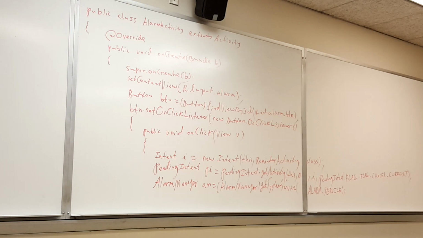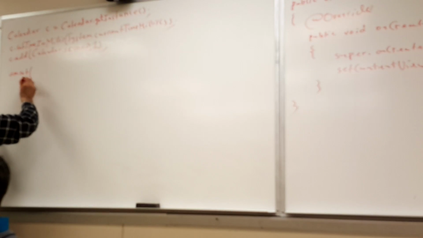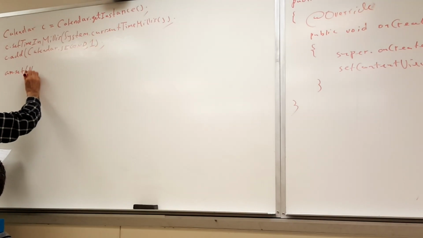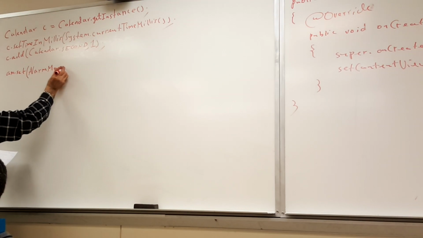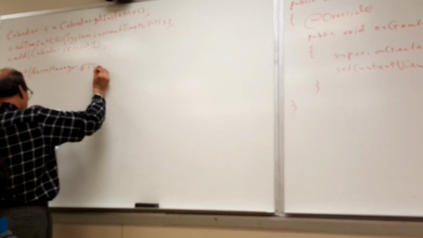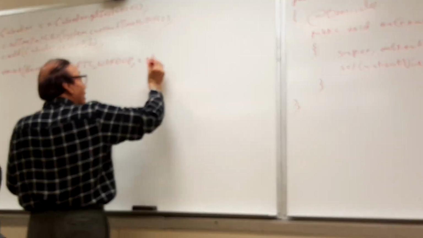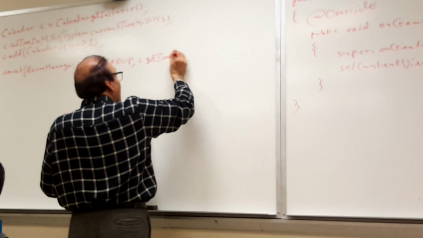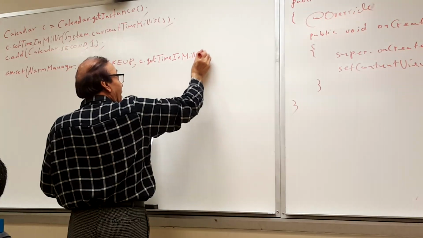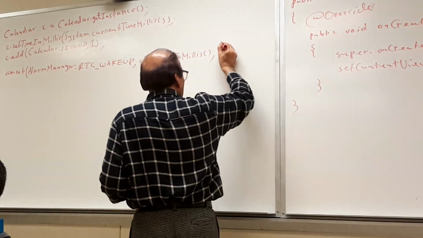We're going to use set. If you're working with the latest versions, use setExact. Okay, am.set(AlarmManager.RTC_WAKEUP, c.getTimeInMillis(), and we created the pending intent, we call it pi.